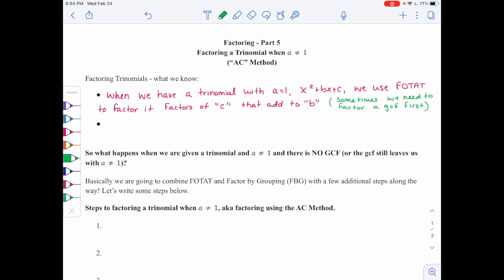Right, and we know that this is going to be equivalent to factored form. So we're going to start with x squared plus bx plus c, and we're going to end up with factored form, which is going to be the GCF if there is one, times x plus or minus one of the factors, and then x plus or minus whatever the other factor is.